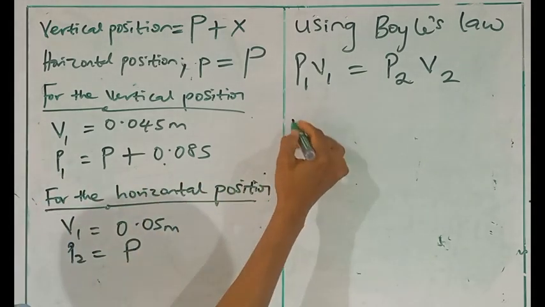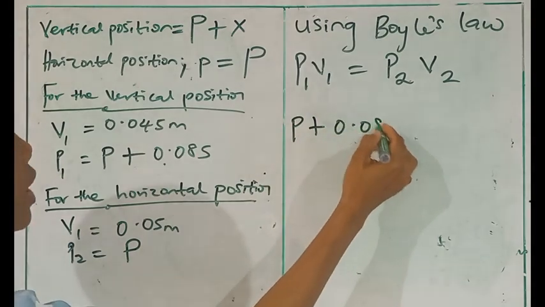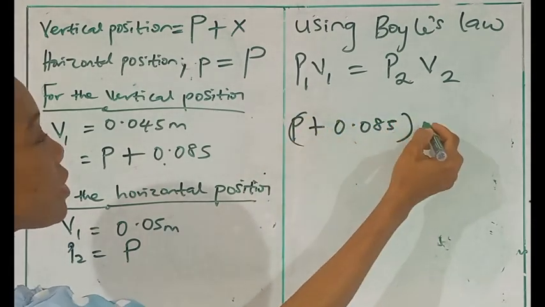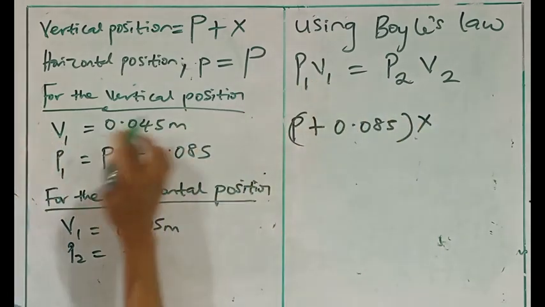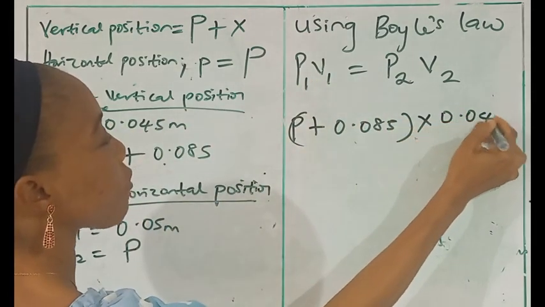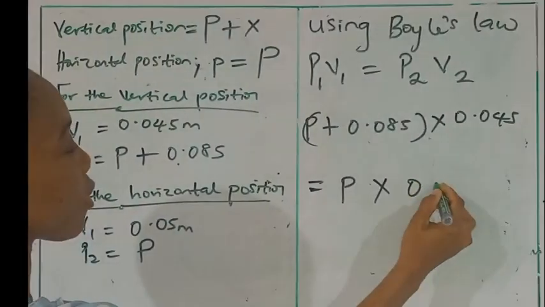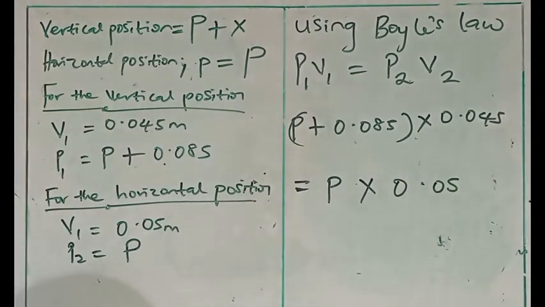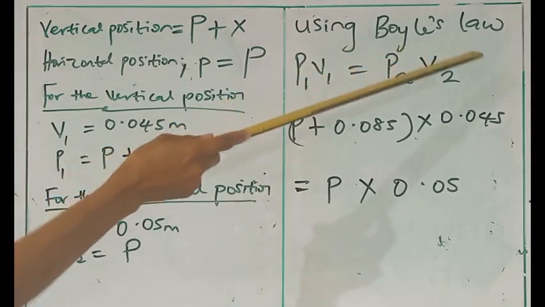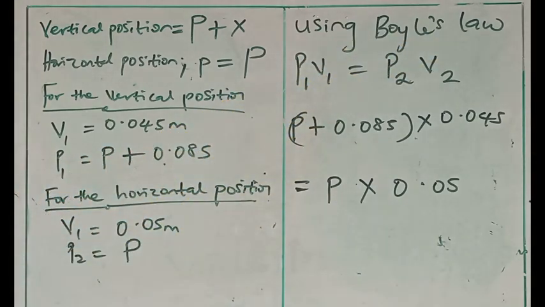P1 is P plus 0.085, times V1, which is 0.045, is equal to P2 times 0.05. So once you get the vertical position and the horizontal position, you apply Boyle's law to solve this kind of problem.